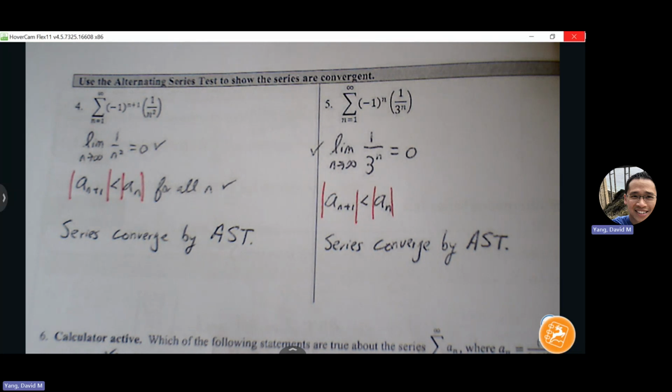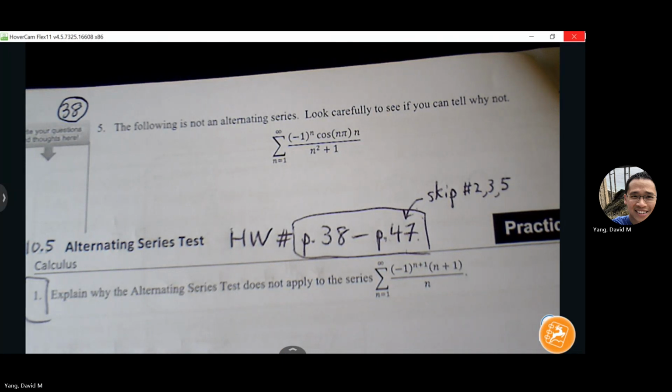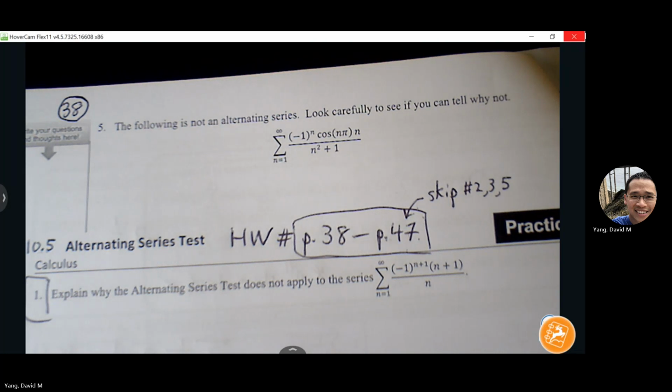Did you look at number 12 too? Number 12 is A. The limit as n approaches infinity of cosine n wouldn't exist, right?